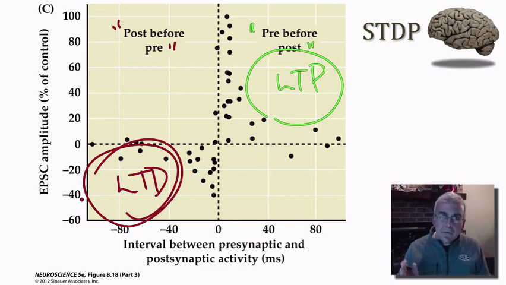The batter swings the bat, but prematurely, before the arrival of the baseball. The postsynaptic activity happens just before the presynaptic activity. That's actually quite bad for that synaptic connection. That leads to the depression of that connection. Whereas if the batter never swung the bat, if it stayed on his or her shoulder, there'd be no strike.